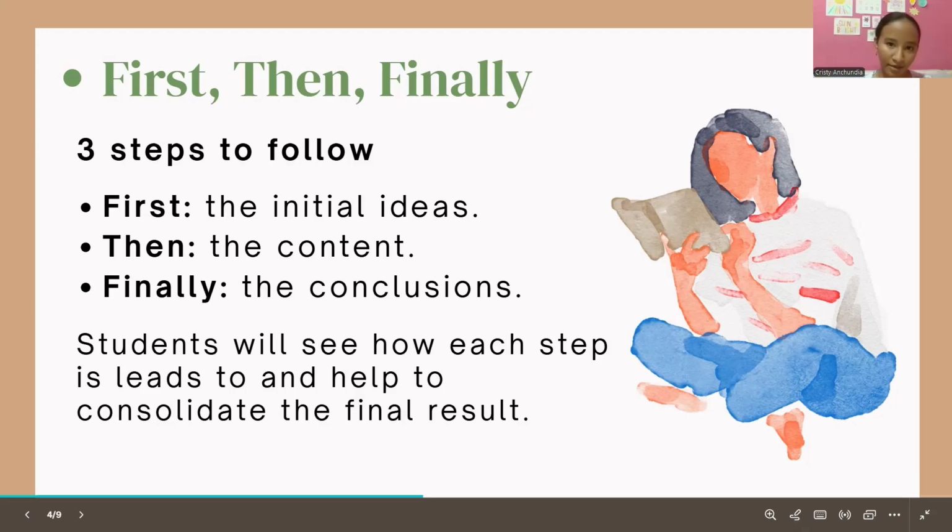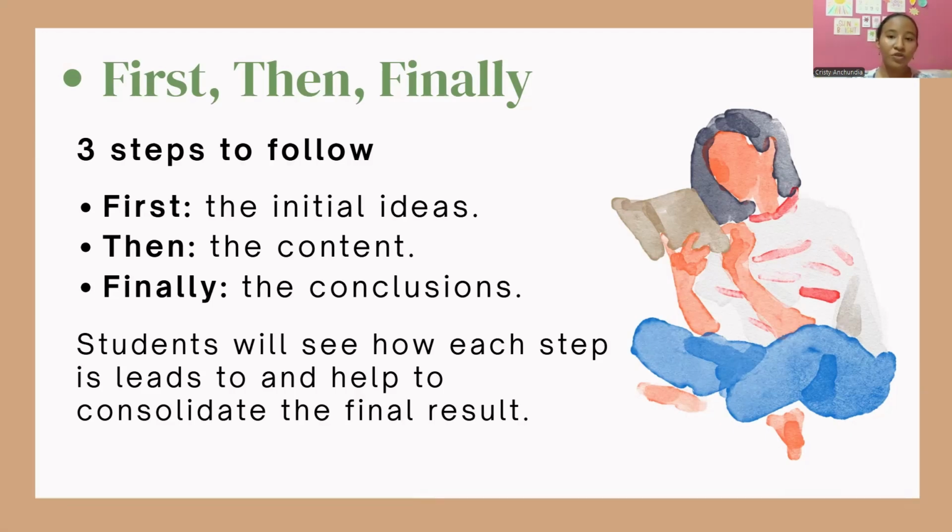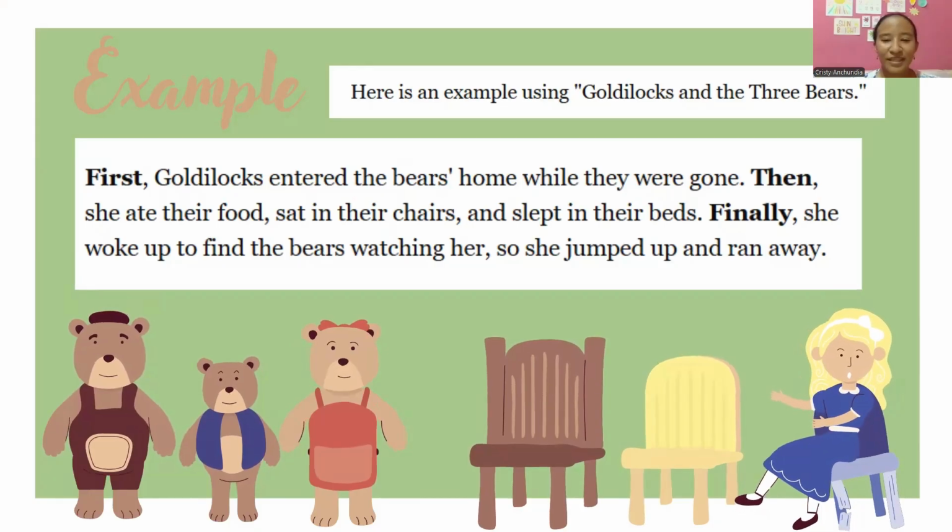their studies. This strategy works chronologically because each step gives us a little bit more information to continue with the next step and to consolidate the final result, in this case, our summary. This example is about Goldilocks and the 3 bears.